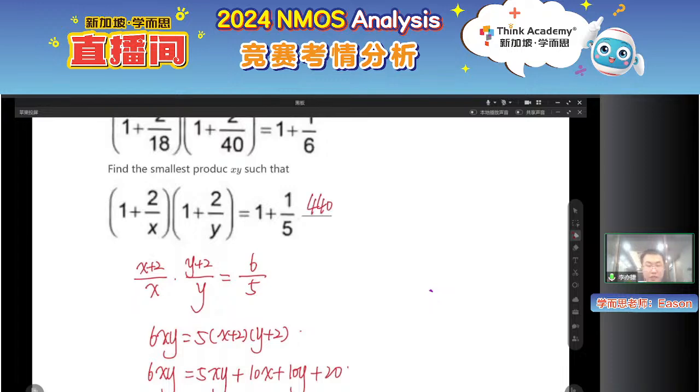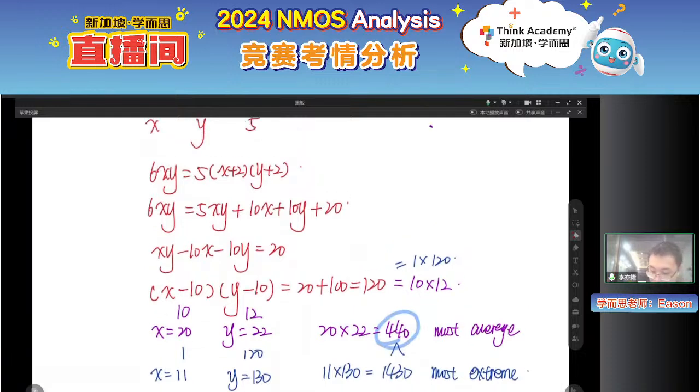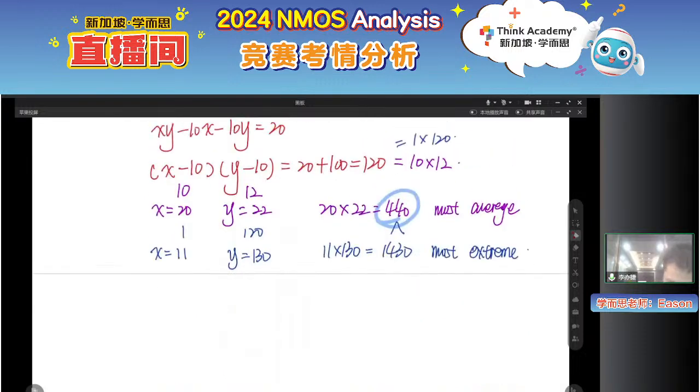Actually, we can prove it. So this is the way we get it. So why is this smallest? The logic is, from this equation, we get xy equal to 10x plus 10y plus 20. If we want this to be as small as possible, we should make 10x plus 10y as small as possible, right?